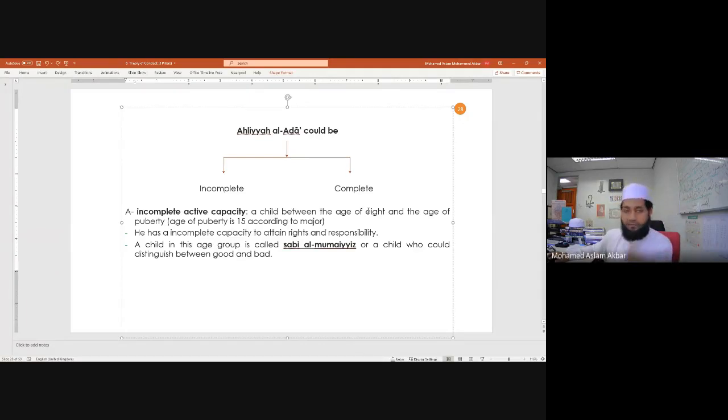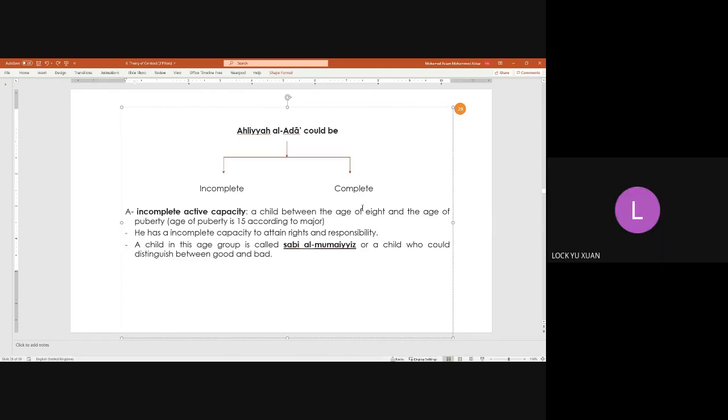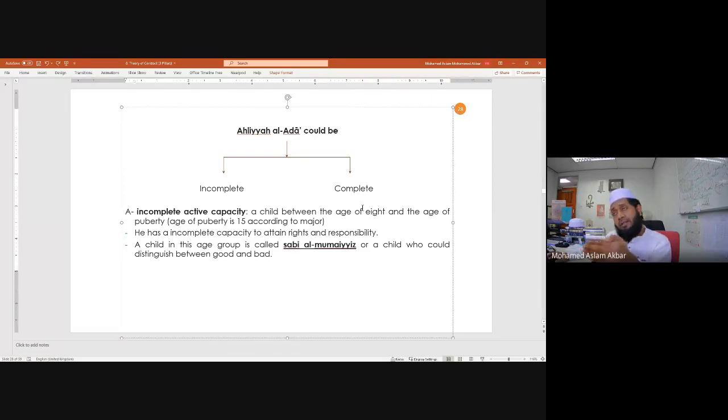If you look at these 4 stages, then you will understand incomplete and then complete, again incomplete and then complete. So you have ahliya al-wujub, the receptive capacity, incomplete and then complete. Then you have ahliya al-ada, which is the active capacity. You have incomplete and then complete.